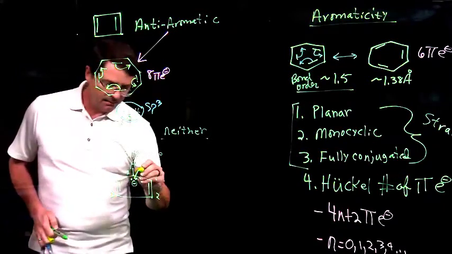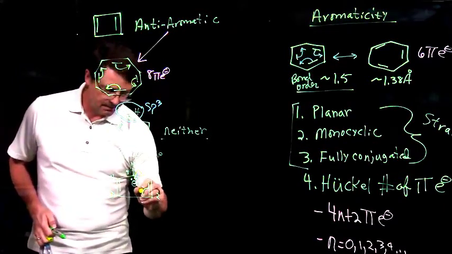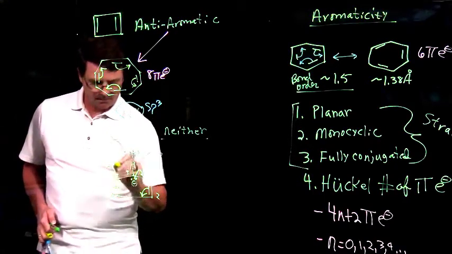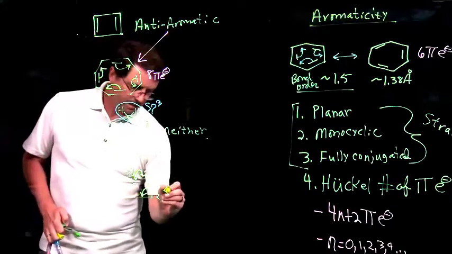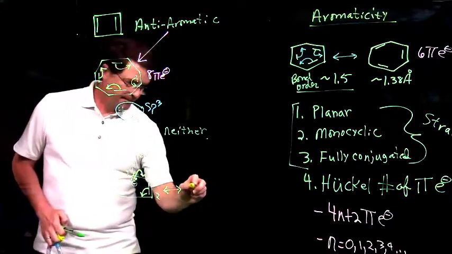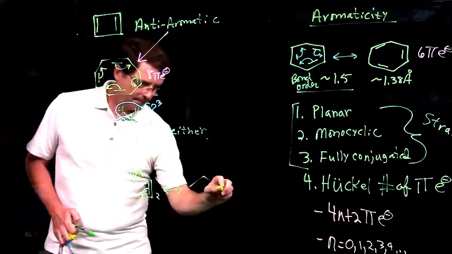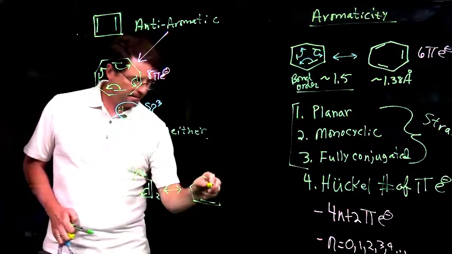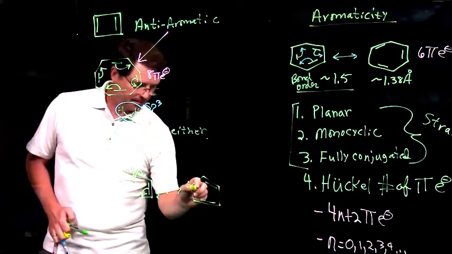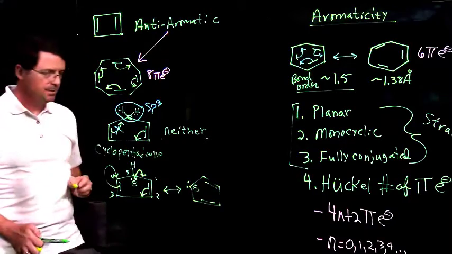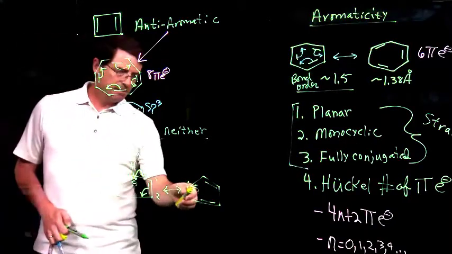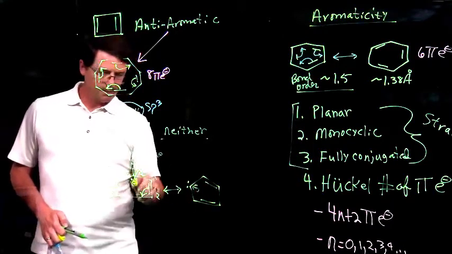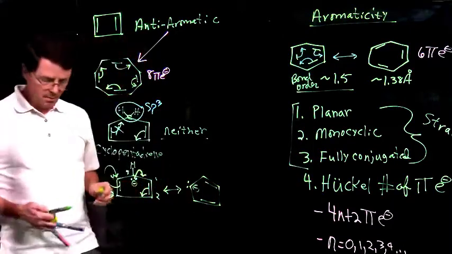So if we can have this be fully conjugated, we get a resonance form here. The anion has moved, and now, of course, it doesn't matter where I put the lone pair or the charge, inside or outside the ring. That's arbitrary. The molecule doesn't know where I draw it.